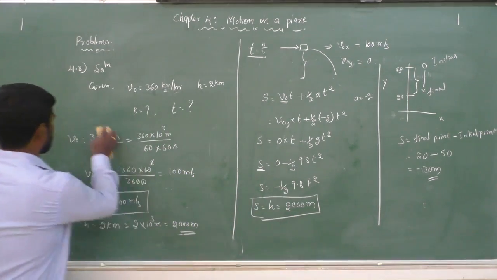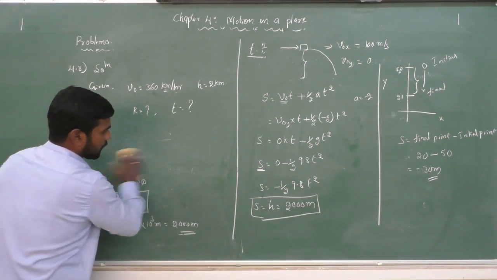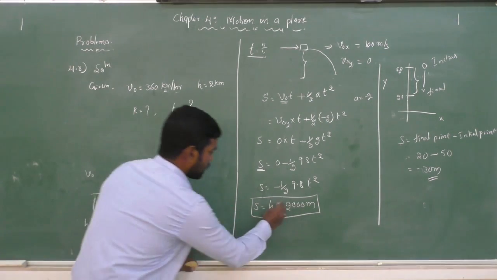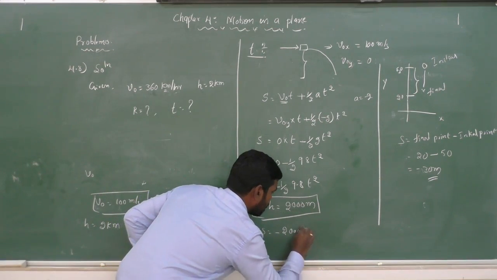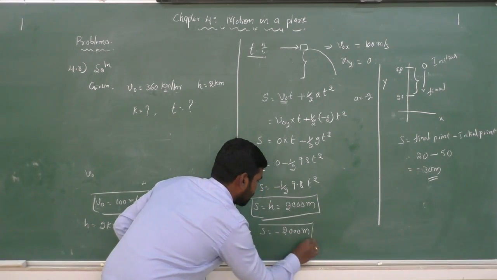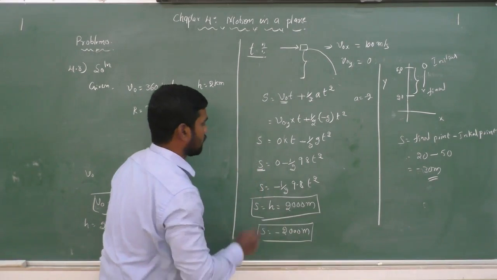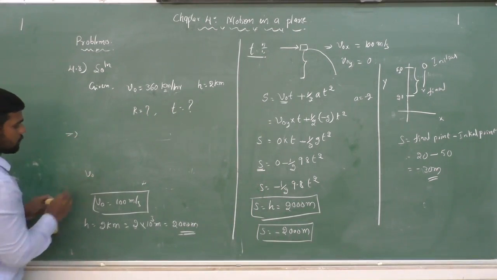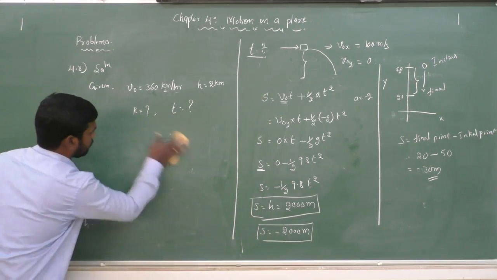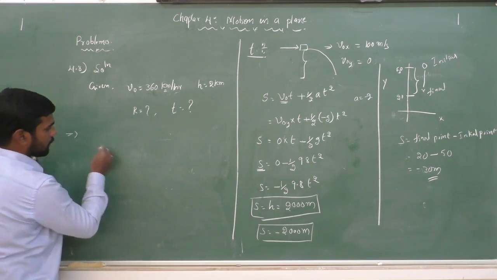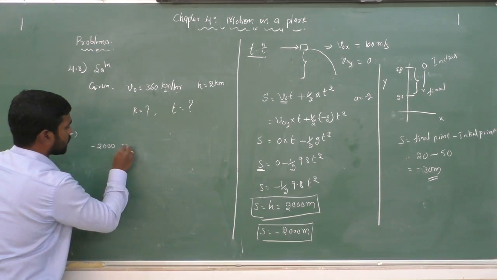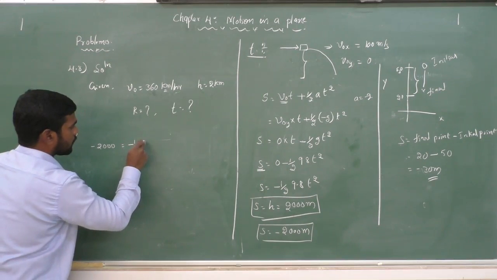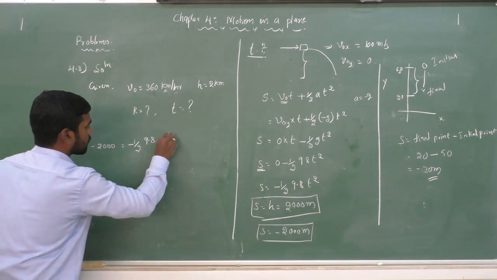Substitute the same thing in this equation. So S will be minus 2000 meter, which is equal to minus half into 9.8 t square.